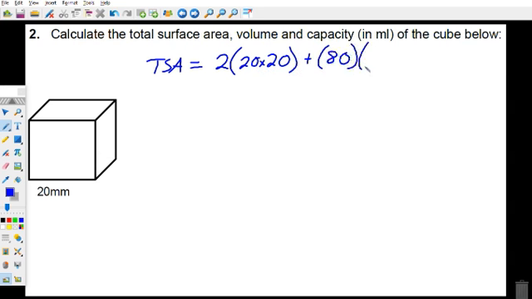And then what's my height going to be? 20 again as well. So my total surface area, 2 times. Okay, any questions about that one?